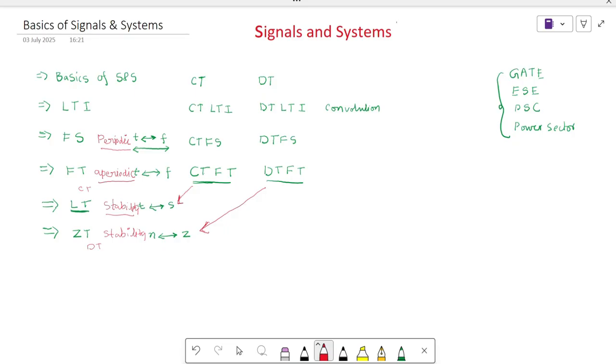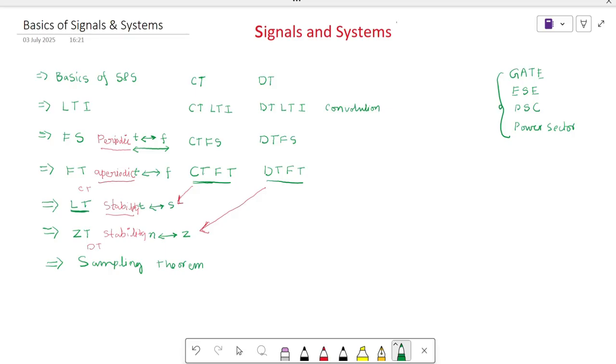Then in the next chapter we will discuss the sampling theorem. Already we learned the Fourier series, Fourier transform, Laplace and Z transform.